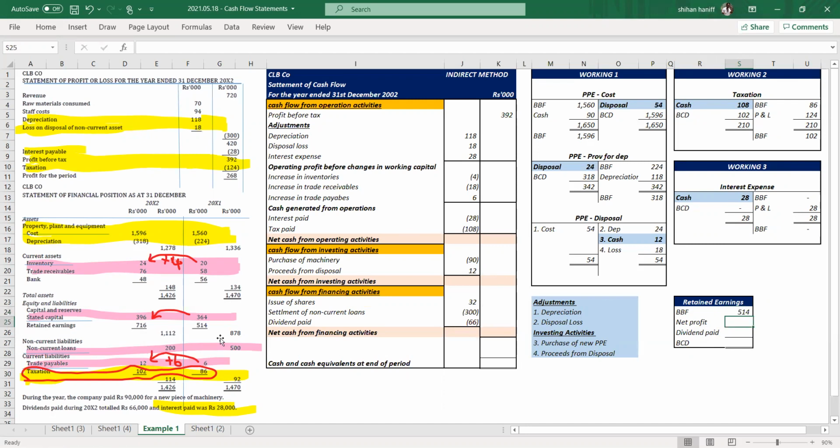Net profit for the period 268. Dividend paid is 66. If you calculate this, 716, so there are no more balances. You are getting the exact answer. If there is a difference, then you need to see why there is a difference. Okay, that's it.